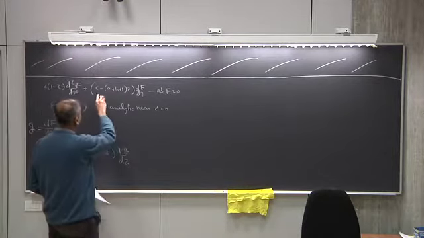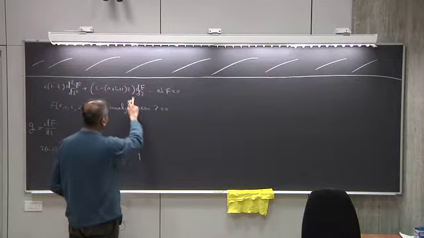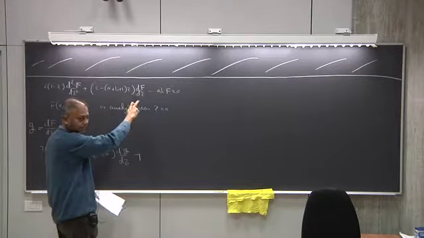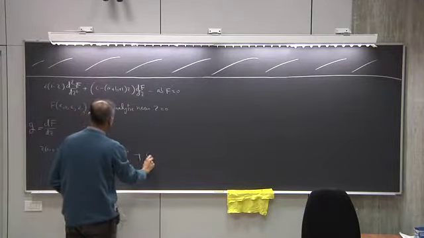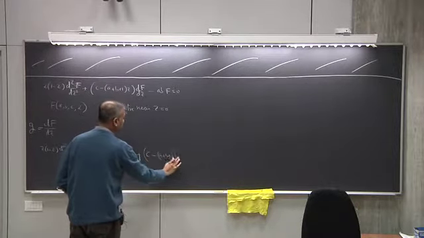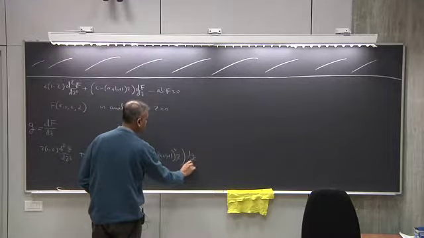Then from here I will get again 2 terms. When the derivative hits here, I will just get dg by dz again, so it's (c minus (a plus b plus 1) z) times dg by dz.